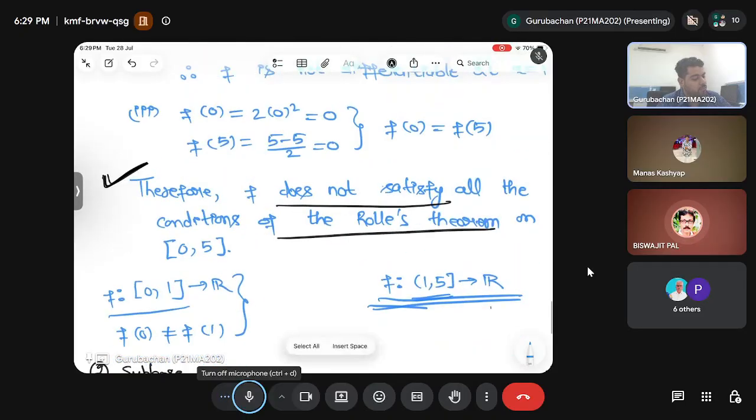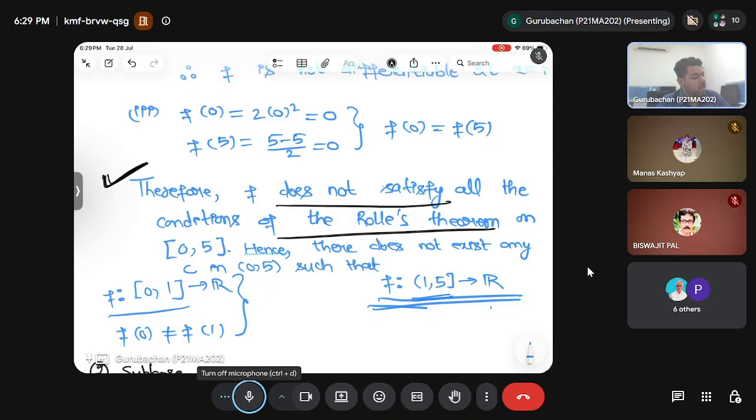So let me write, in the entire interval 0 to 5, hence there does not exist any c in 0 to 5 such that f dash c is 0. Clear?